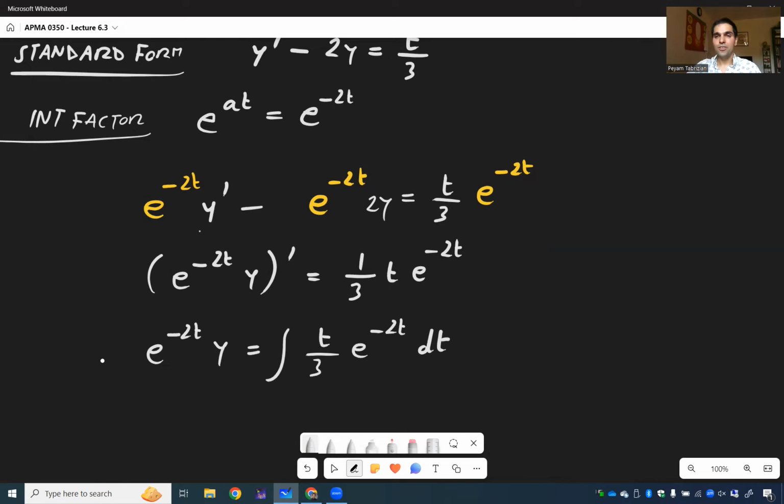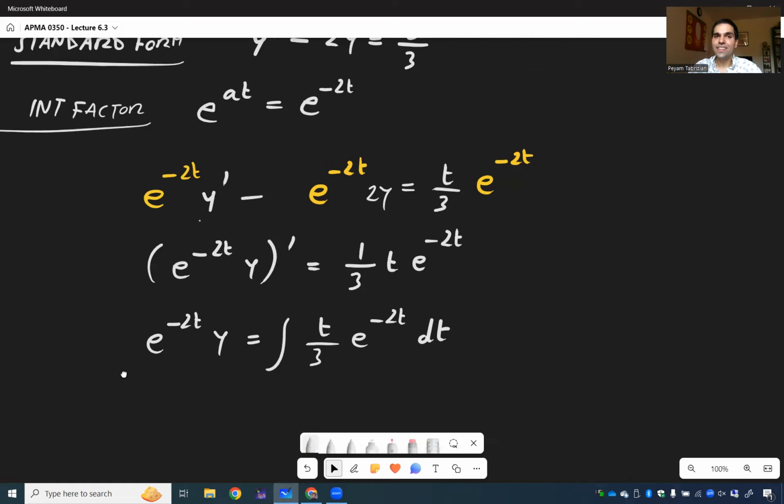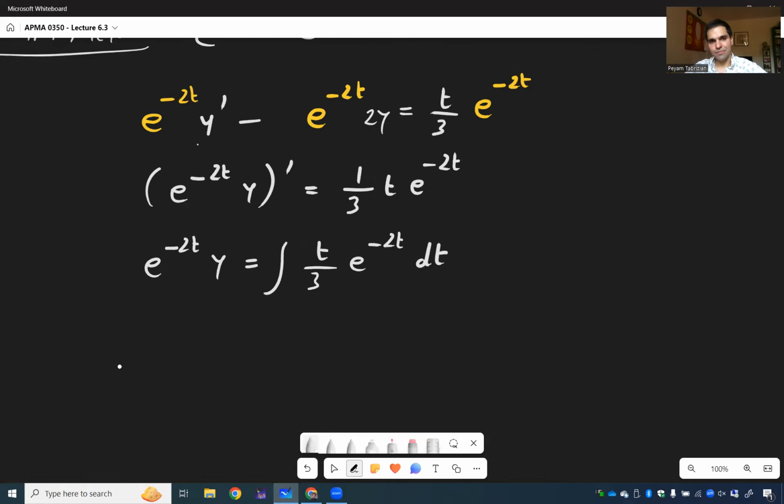And well, here we have a product of two functions. So we need a nice technique that helps us integrate products of functions. And the answer is integration by parts. Integration by parts, don't break our hearts.